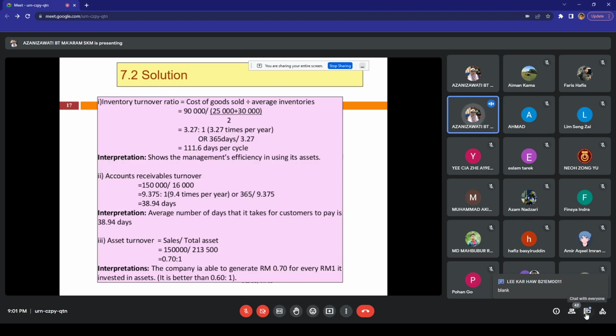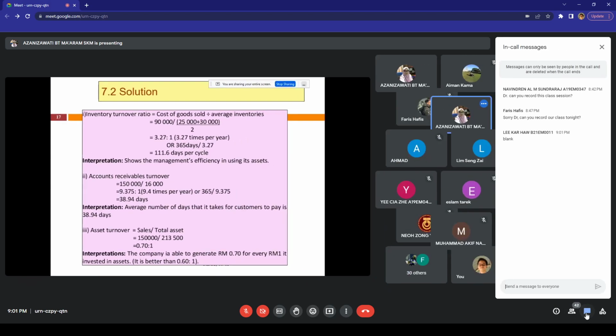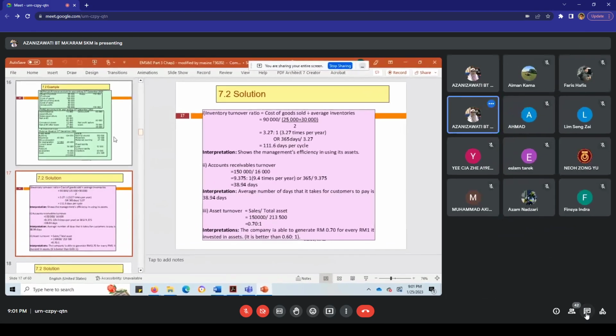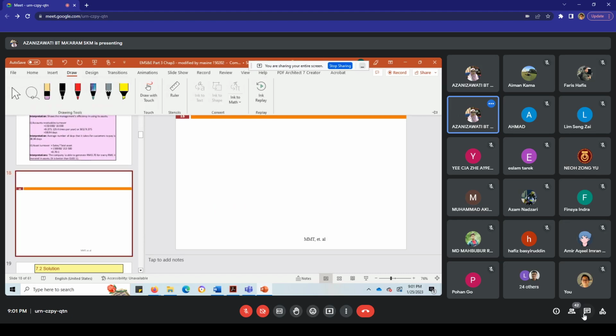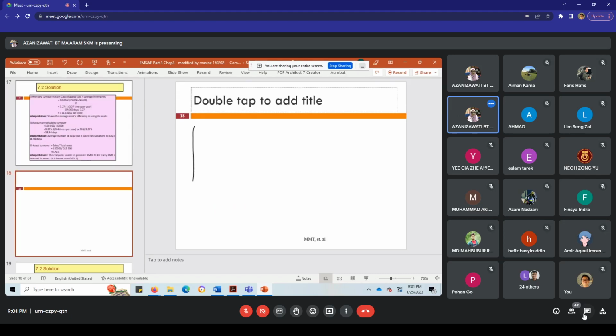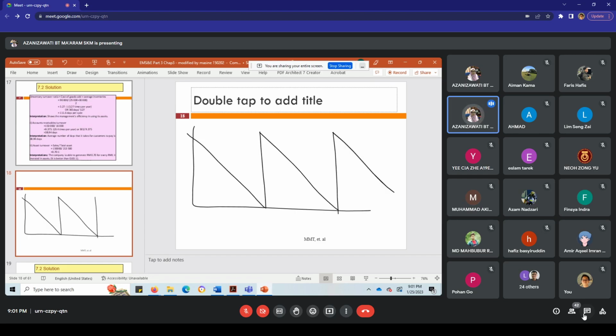Blank. Alah. Inventory topic, this one. Can you remember?